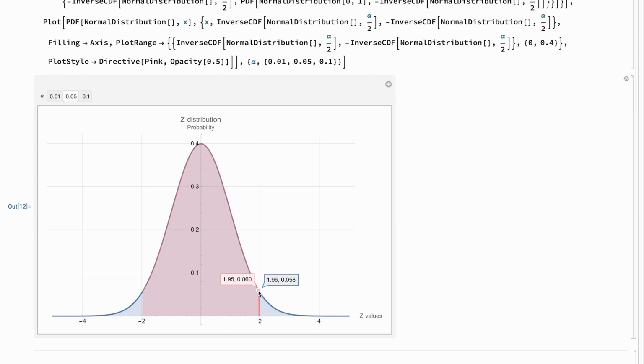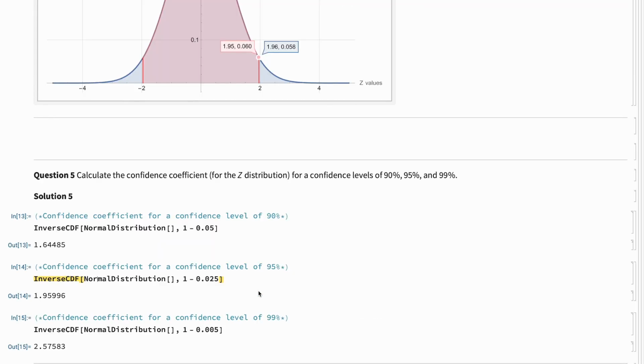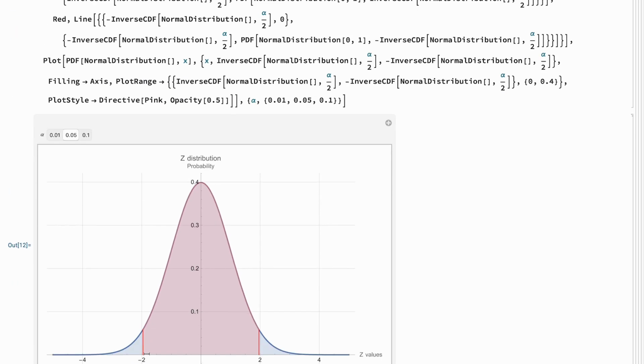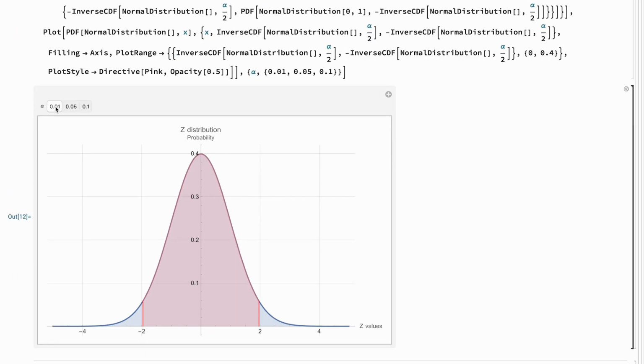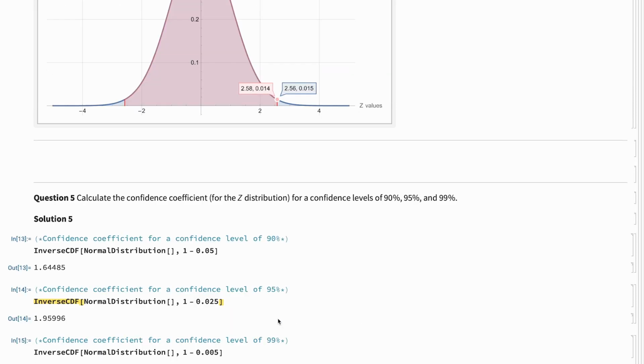So my confidence coefficient for a 95% confidence level is 1.96, either above or below 0. And then finally, for 99%, it'll be 2.57. So if I go to 99% here, look how far out I am now. I am about 2.57 standard errors away from 0. If I am that far away, I'm capturing the 99% most probable values. Great, let's go to the spreadsheet software and I'll show you how to do that.